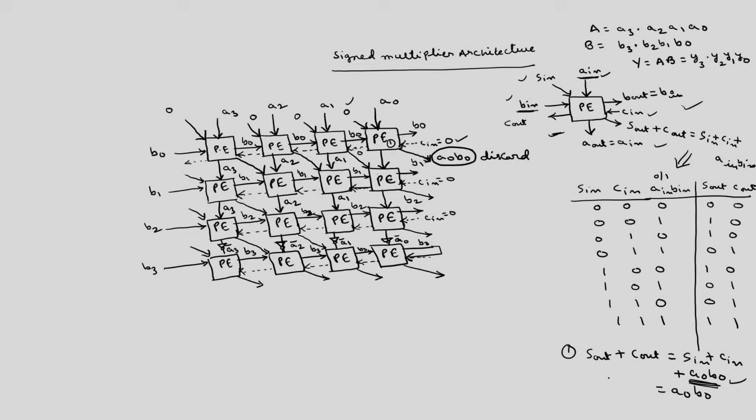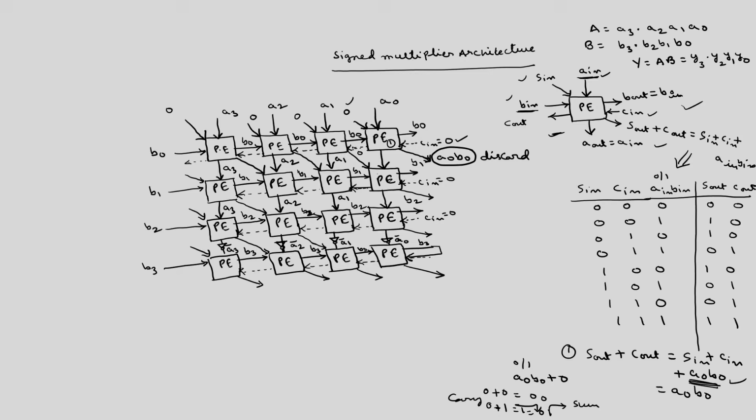So this is something like A0, B0 plus 0. If I perform this, A0, B0 can be 0 or 1. So what is the sum bit and carry bit? 0 plus 0 is 0 only, sum bit is 0, carry bit is also 0. If you want to write the 2-bit equivalent, 0 plus 1 is, in decimal, 1, and the binary equivalent is 0, 1, meaning this is the sum bit and this is the carry bit.